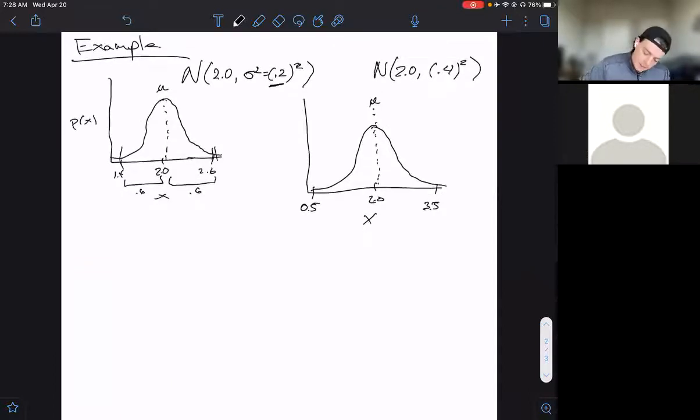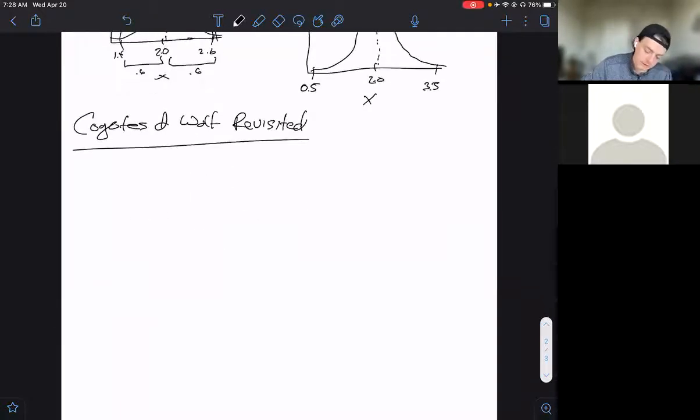And so we're going to go ahead and revisit the Coyotes and Wolf problem. So, Coyotes and Wolf revisited. Let's say the coyote population is normally distributed around 1.8 meters tall, and its variance is equal to 0.2 squared.